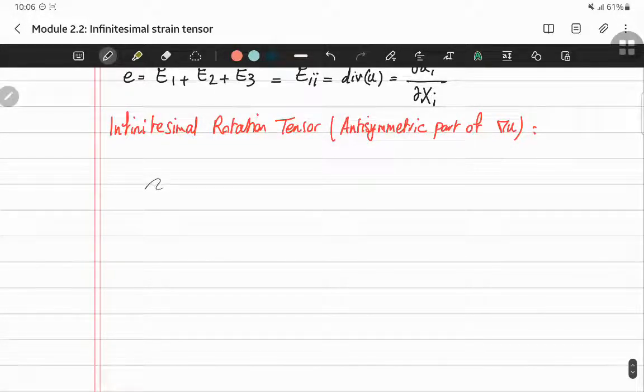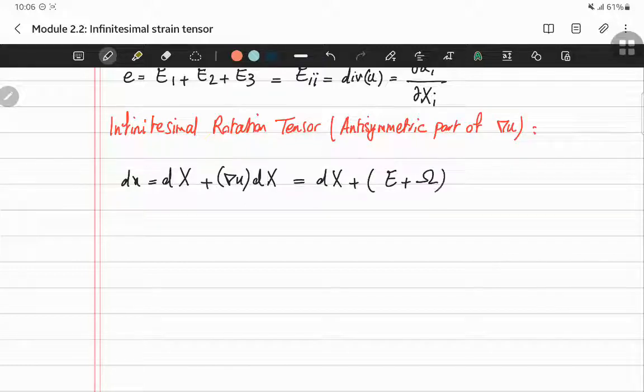We already mentioned that dx is equal to dX plus del u dX. And this del u can be written as E plus omega, times dX. And this omega is the anti-symmetric part of del u. This is the symmetric part.